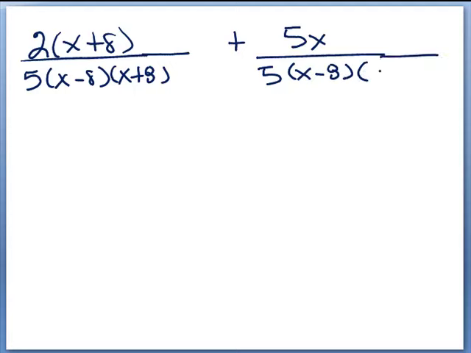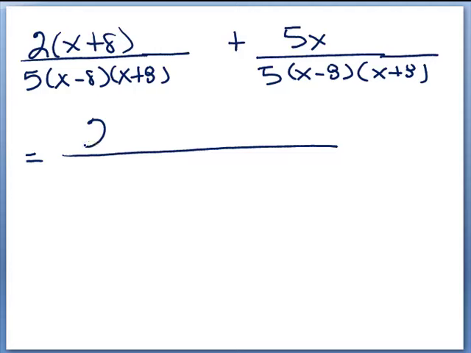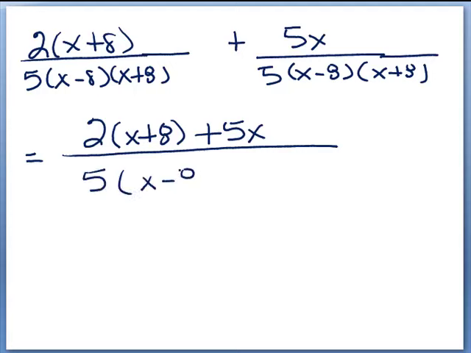Here again, what do we know about fractions when you have a common denominator? The rule says bring the numerators together and write it over the common denominator. Well, we know our common denominator: 5 times x minus 8 times x plus 8.